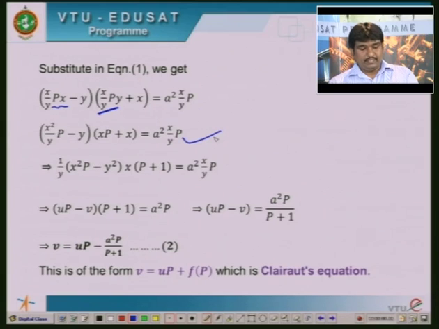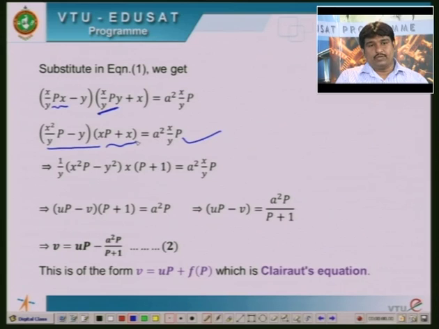Now you have to simplify this. I have taken 1 by y outside, which implies x square P minus, when you take 1 by y outside, this y becomes y square, because 1 by y into y square is y, into, from this I have taken x outside, so it is x into P plus 1 equals a square into x by y into P. Next step, I'll cancel this x and this y here, and I'll convert x square.